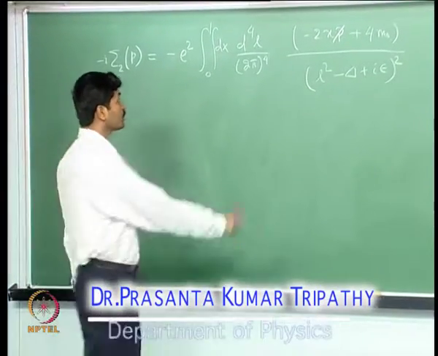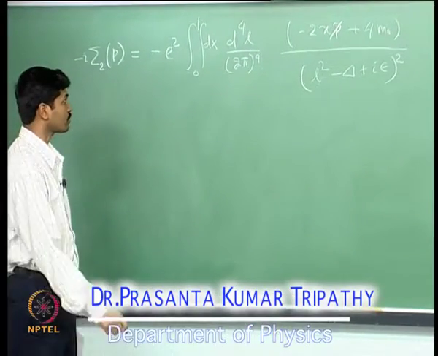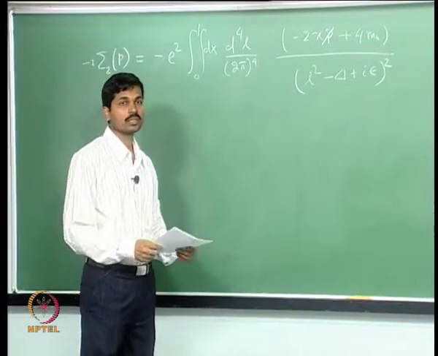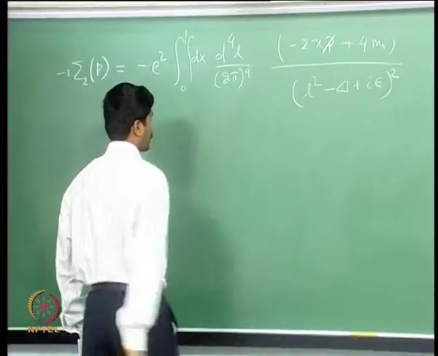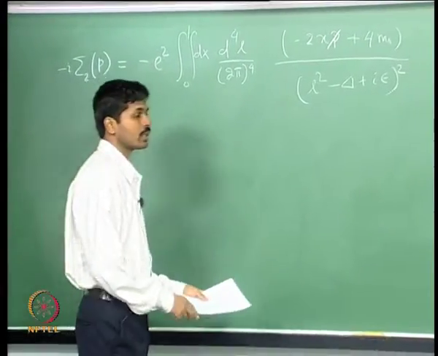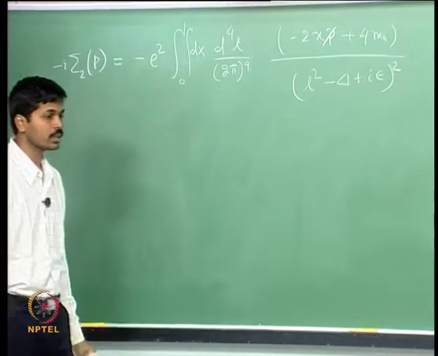Now, you can just do the power counting here, and then you can see that this L integration is actually divergent. In fact, it is logarithmically divergent. So, what you need to do is introduce a cutoff. We have already done it when I discussed the vertex function.